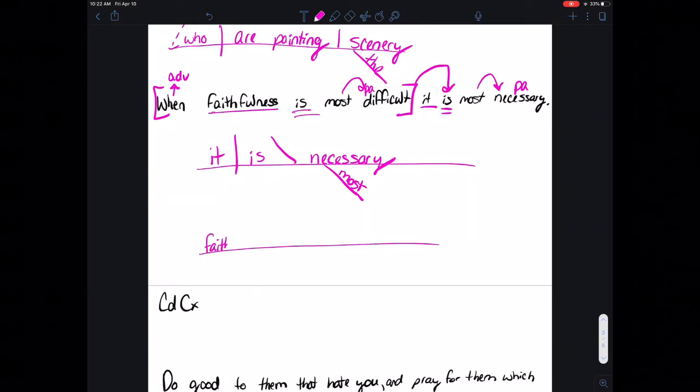Faithfulness was our subject. Is your verb. Difficult, we said, was our predicate adjective. And most modifies difficult. So how you do an adverb clause is you draw the dotted line from whatever it modifies to the verb in your adverb clause. This is where your signal word is going to go. So in this case, it's when.